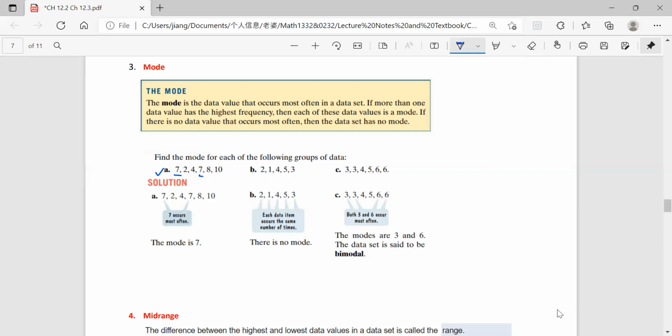So 7 is the mode. Second one, 2, 1, 4, 5, 3: each data item occurs the same number of times, so there's no mode. Part C, 3, 3, 4, 5, 6, 6: both 3 and 6 occur most often. So the modes are 3 and 6.